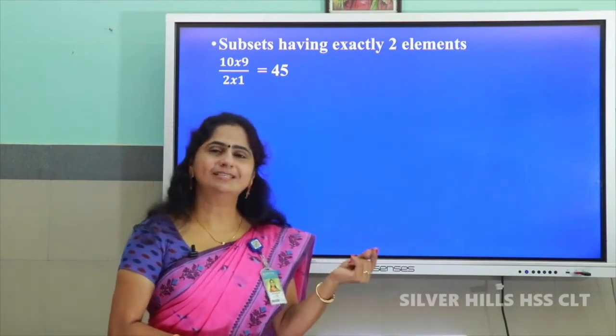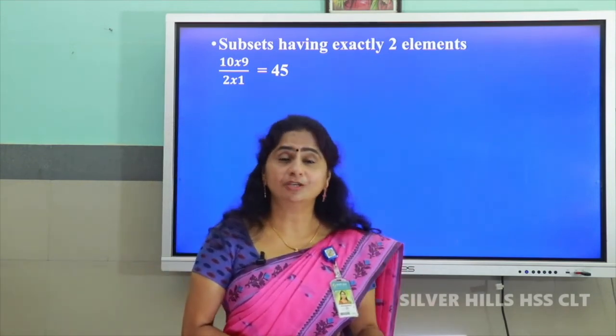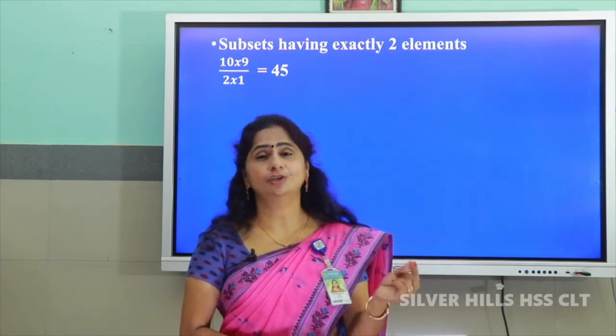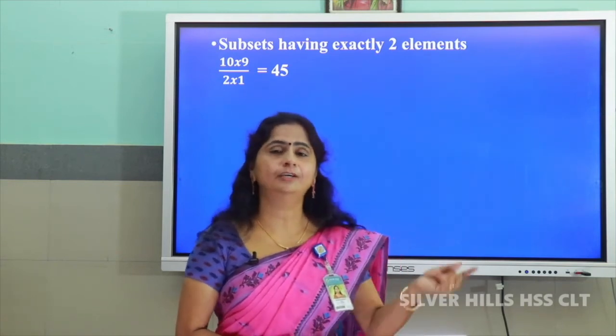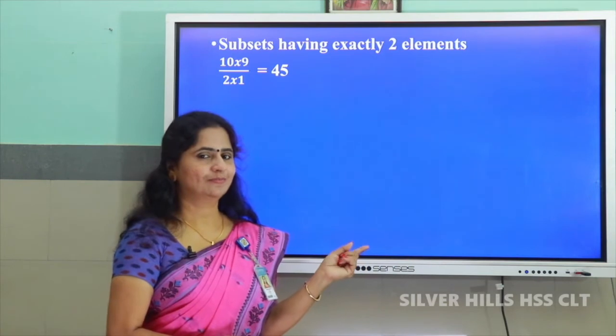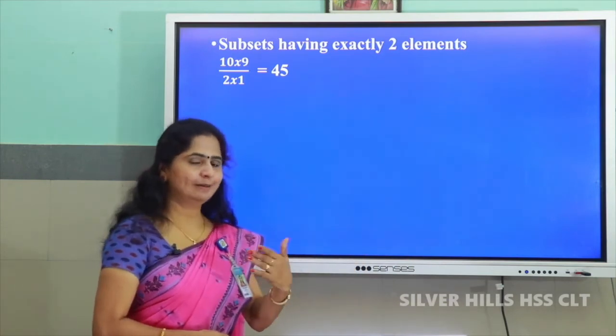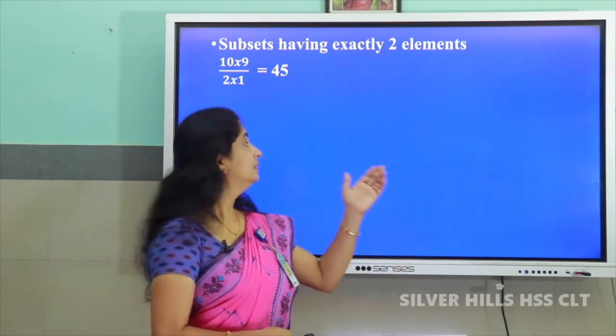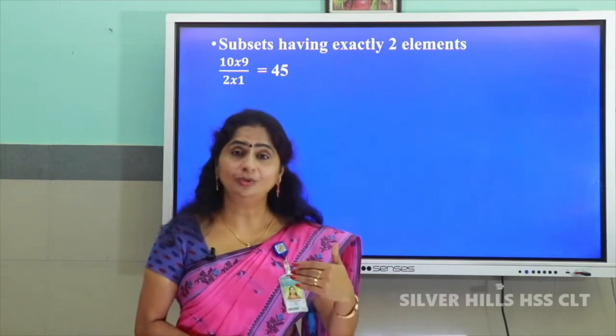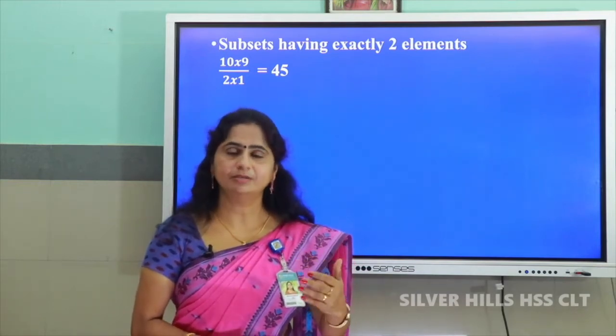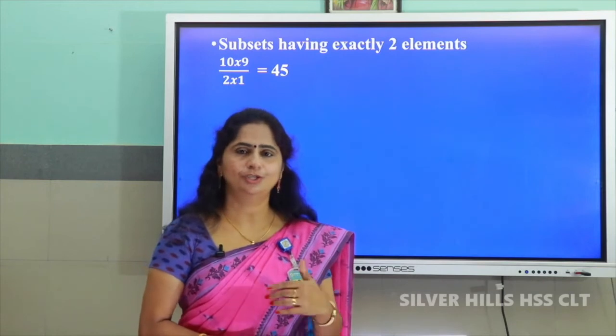We will be discussing this in detail in chapter 7 called permutation and combination. There is a direct formula to evaluate this. Similarly, if you want to find the subsets having 3 elements, this can be written as 10 into 9 into 8, because we need 3 elements, by 3 into 2 into 1, etc.